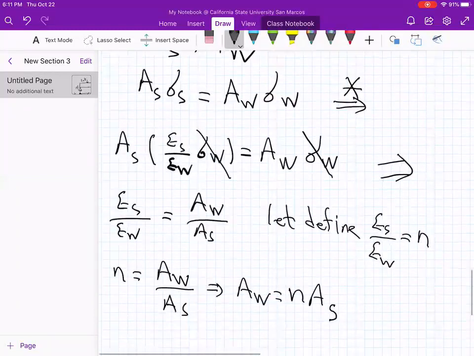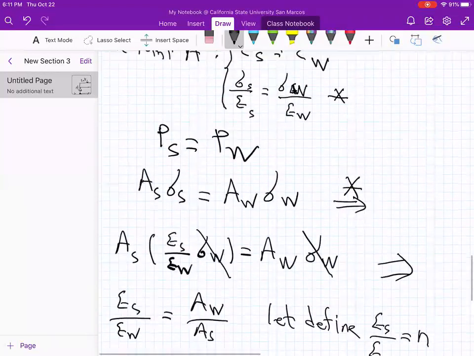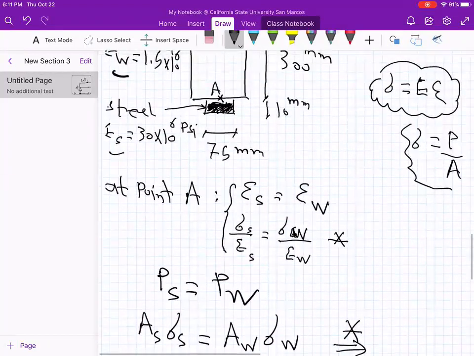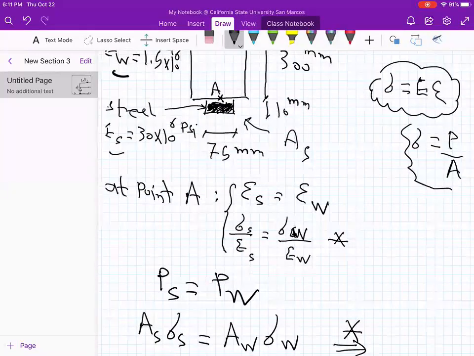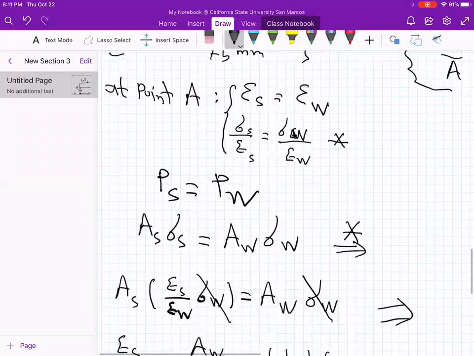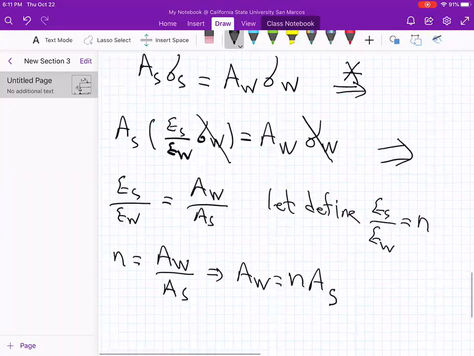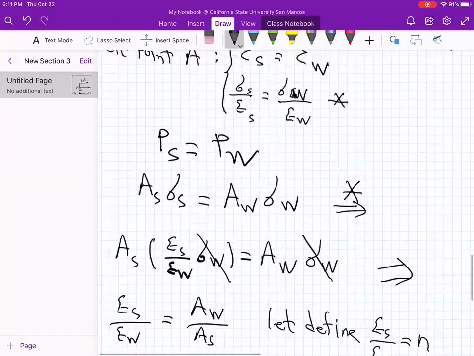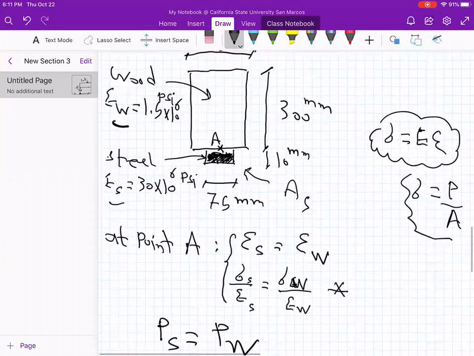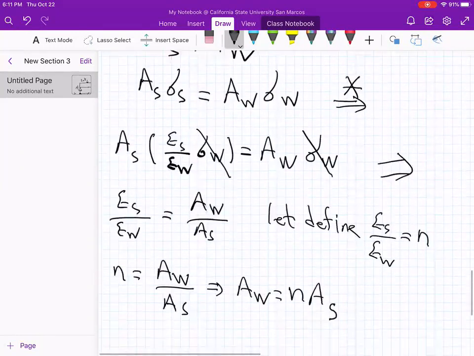Because we have ES and EW, we can find N. Since we have N, and we have the area of the steel, AS, because we have the dimensions, we can find the equivalent wood for that. So let me now draw a figure, remove the steel in the bottom and add the wood.